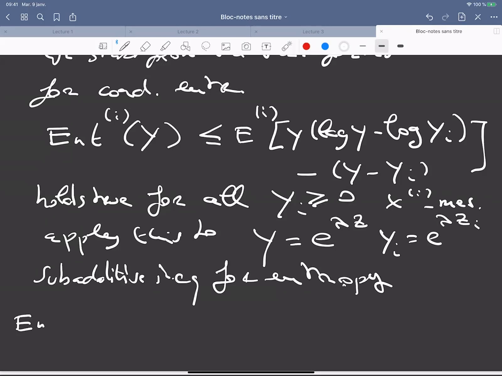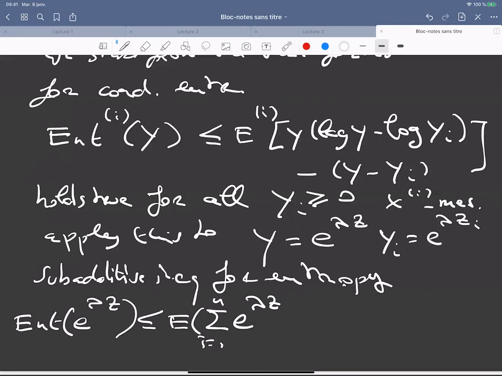And you get that the entropy of exponential lambda z is less than the expectation of the sum of exponential lambda z times lambda (z minus zi), which comes from the log of y minus log of yi here.